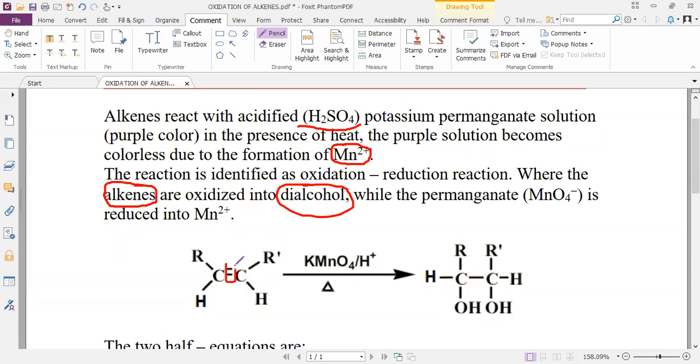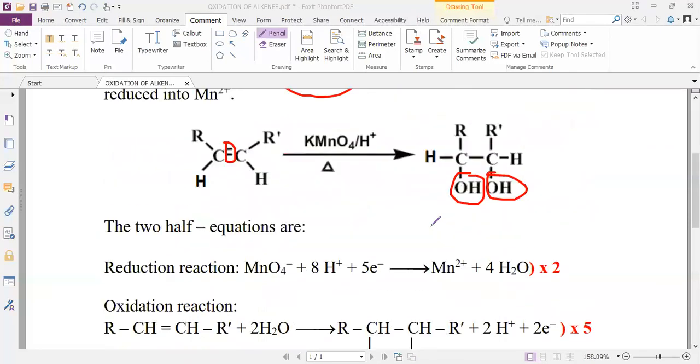Because once we have removal of the double bond, each carbon atom now will be bonded to a hydroxyl group, so we get a dialcohol. If we have only one hydroxyl group, we have a monoalcohol.